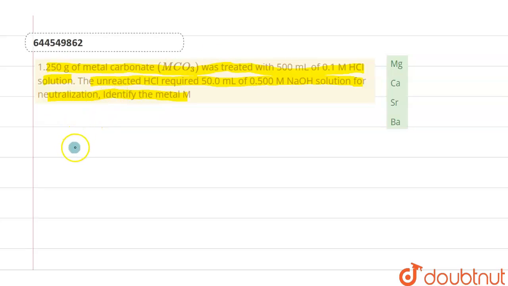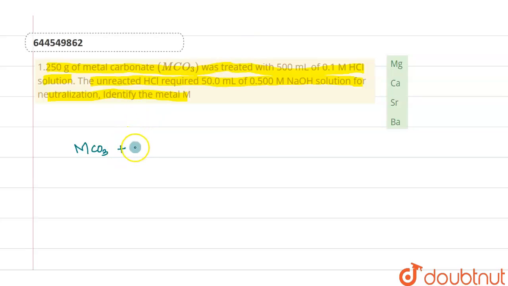The metal carbonate is given as MCO3, and from CO3 2 minus we can see the metal will have a plus 2 charge. So the metal is a dicationic metal from group 2, and all the options are from group 2: magnesium, calcium, strontium, alkaline earth metals.